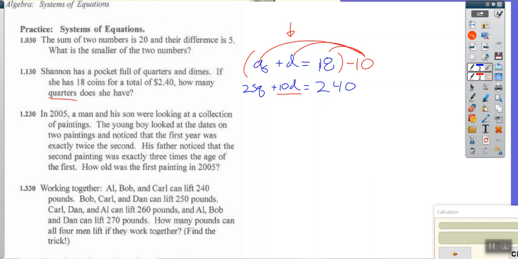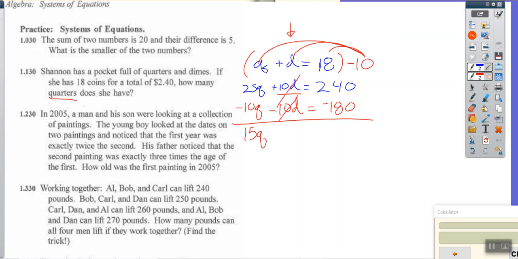because when I do D times negative 10, I'll get negative 10D. So negative 10 times Q is negative 10Q, is equal to negative 180. So when I add these together, I get 15Q, 10D minus 10D is 0, which is exactly what I want.